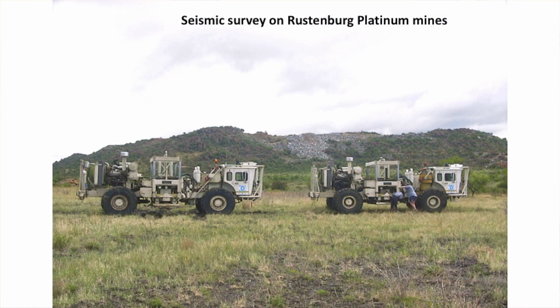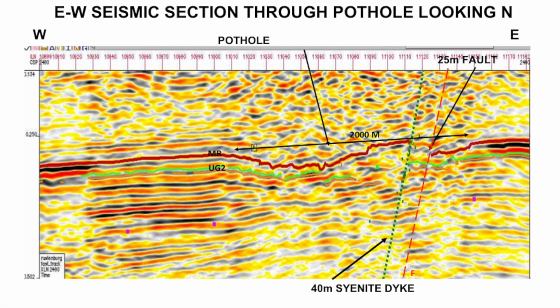They put this pad down on the ground and they shake it, and then the vibrations bounce off the rock types and they can pick up the layering. So this is now what the end product looks like. On this study, they delineated this huge pothole feature or depression in the rock layers. And there was a major downthrow fault that no one knew about. So that 40-meter dolerite dike is the one that comes from Pilanesberg and cuts through Rustenburg.